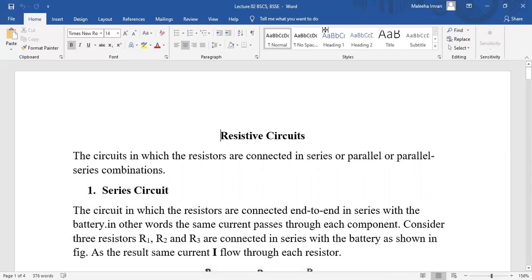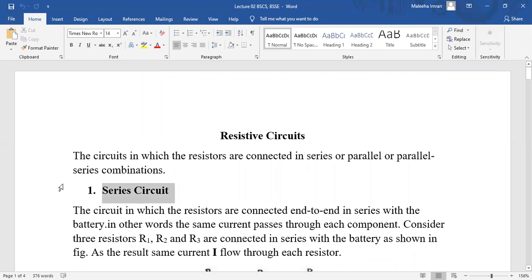Okay. So first we have the series circuits. What is meant by series circuits? A series circuit is one in which the resistors are connected end to end in series with the battery. Here you will see two kinds of series circuits.